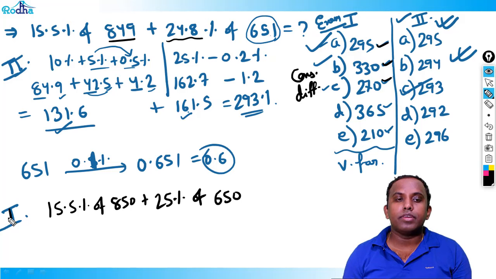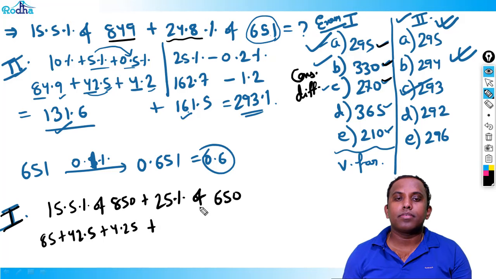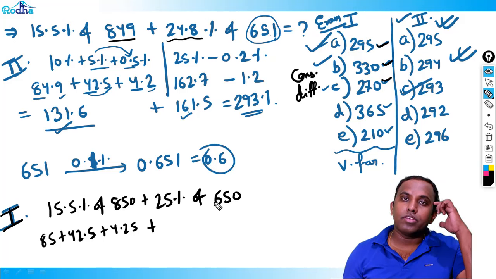With the first set of options, which was actually in the IBPS PO examination, it becomes very easy. Now 10% is 85, 5% is 42.5. What is 0.5%? 1/10 of it, that is 4.25. Plus 25% of 650.